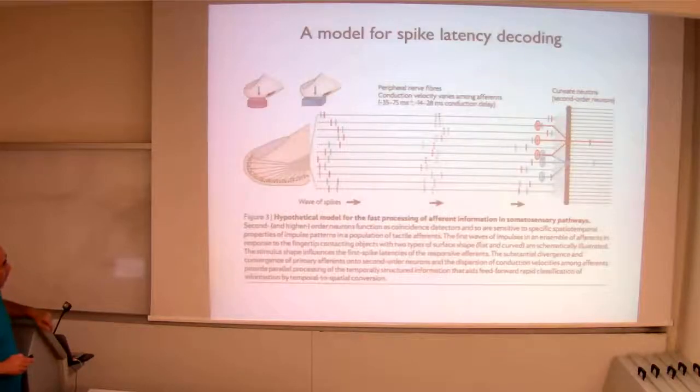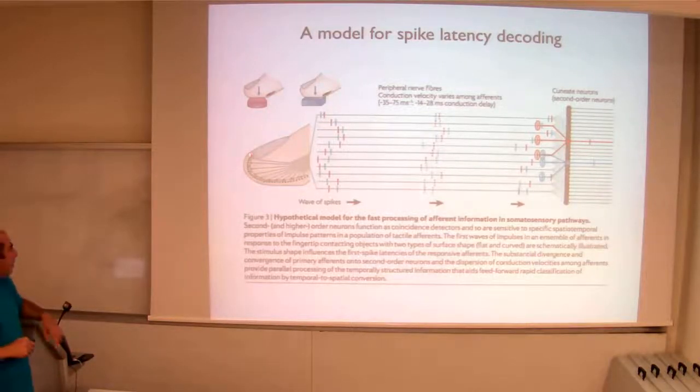Okay, and then they come up with the following idea. Let's say that now I apply two different stimuli. One is a red one, which is a convex one, and one is a flat one.